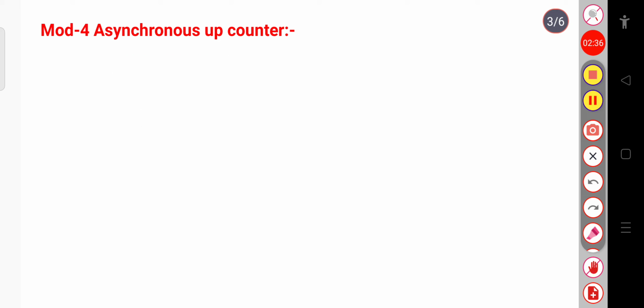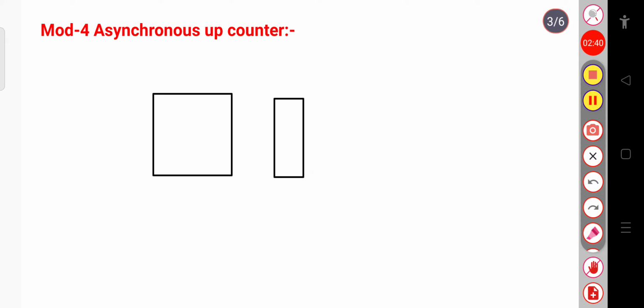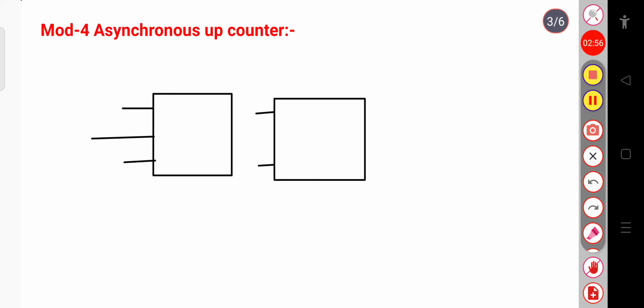So let us first draw 2 flip-flops. These are the 2 flip-flops. And this is the first input of the first flip-flop, and this is my clock. These are the inputs of the second flip-flop, and these are the outputs of the second flip-flop.